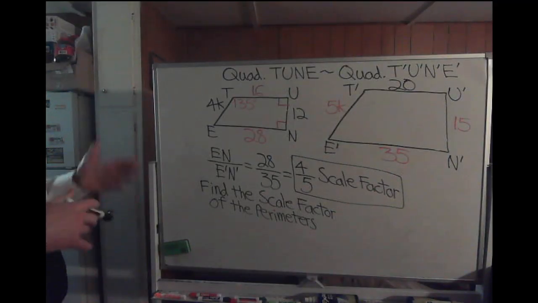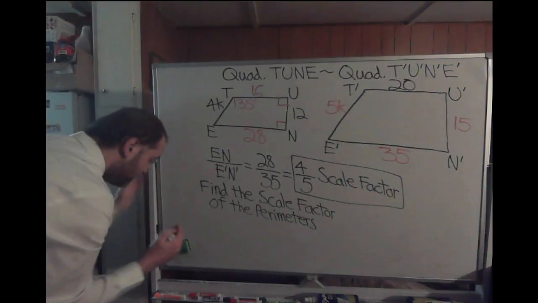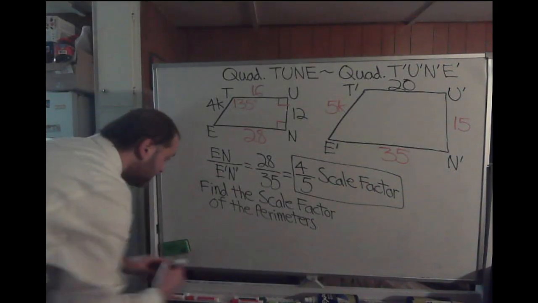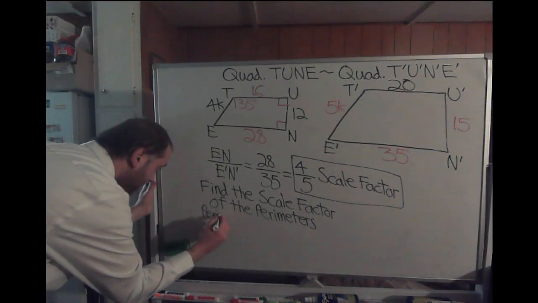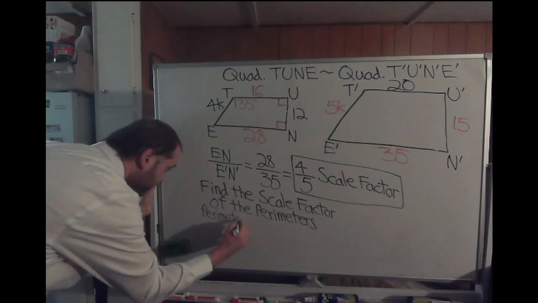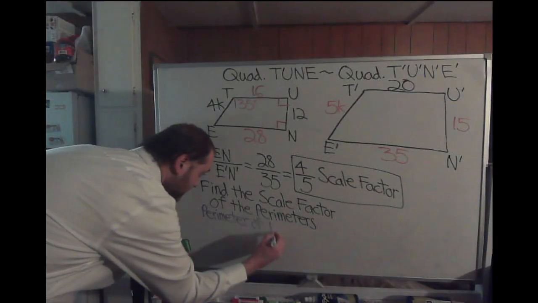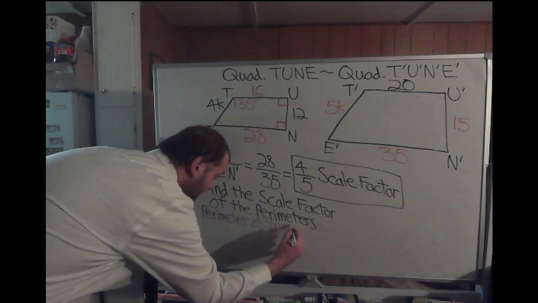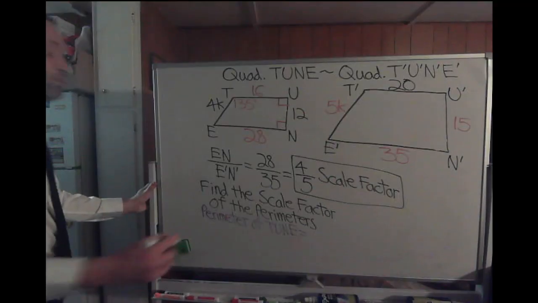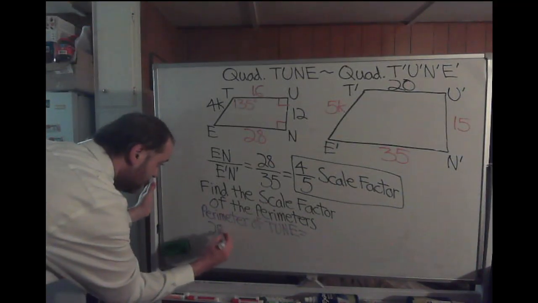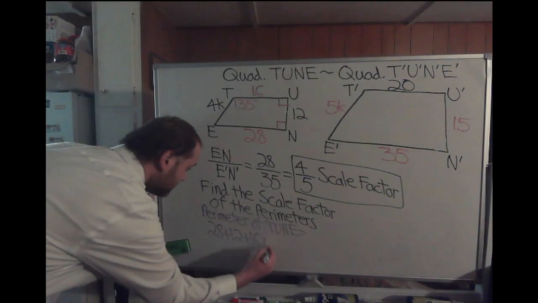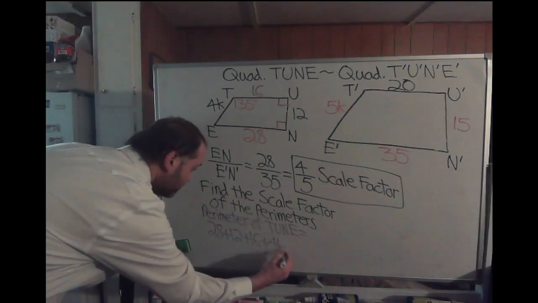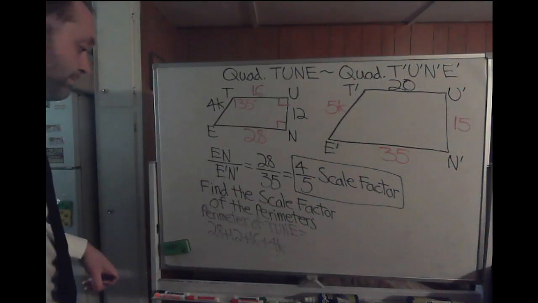Well, let's find the perimeter of quadrilateral TUNE. So the perimeter of TUNE, that's going to equal what? 28 plus 12 plus 16 plus 4K, because all you do is you add up the sides together, right?